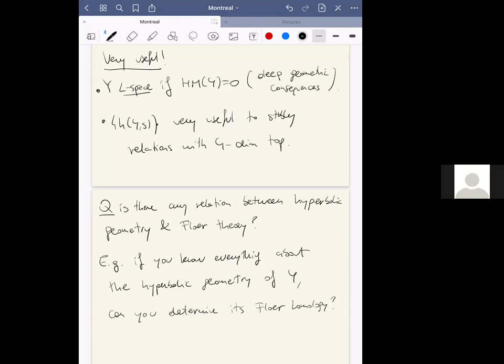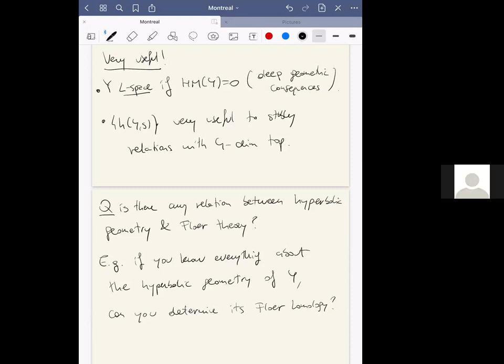Was that a yes or a no? I don't know. I was trying to say it's very useful to know that vanishing HM gives you an L space. Oh, that's the definition of L space.